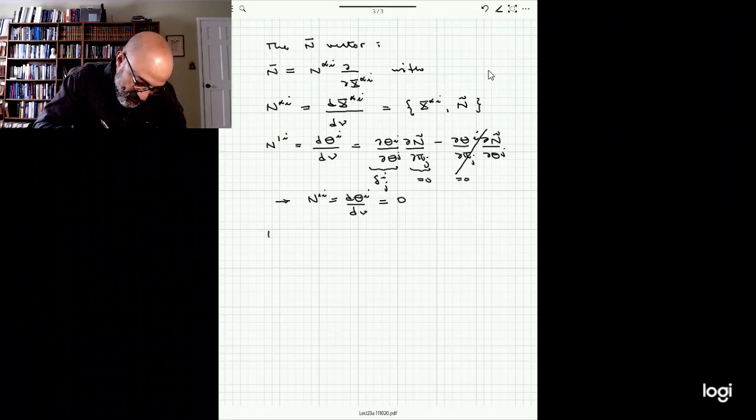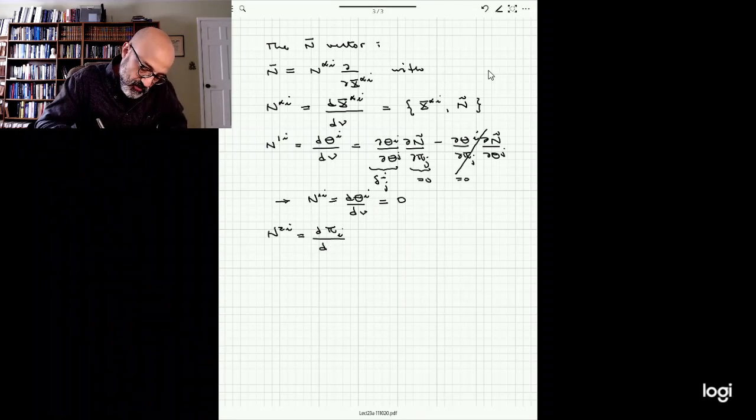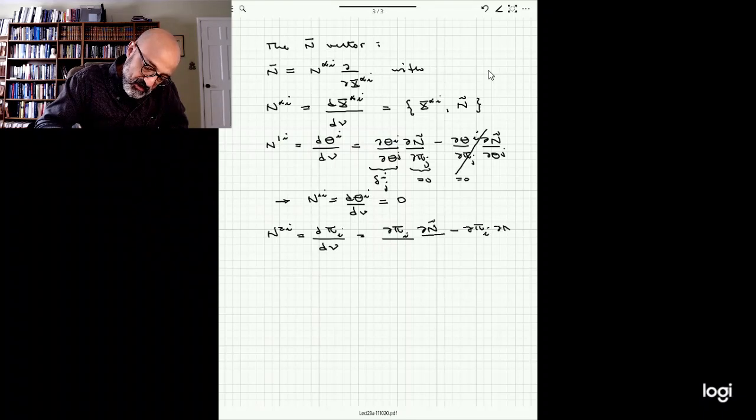Now let's do the second components. These are the components along pi. That's by definition what this guy is. This is d pi I d nu. And we compute once again the Poisson bracket minus d pi I, d n tilde, and here we put d theta j, d pi j, d pi j, d theta j.